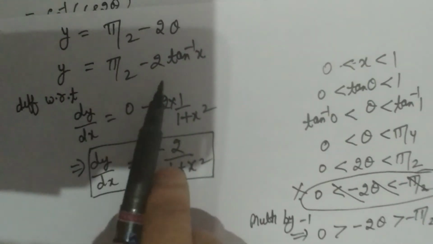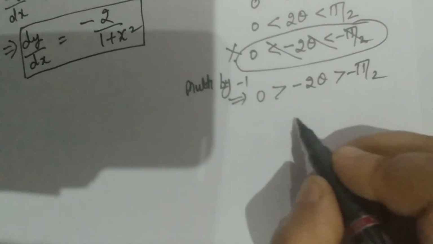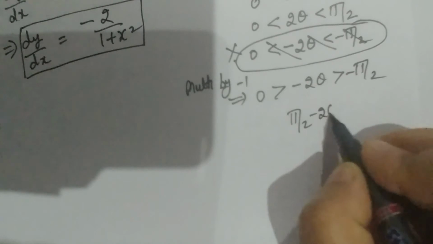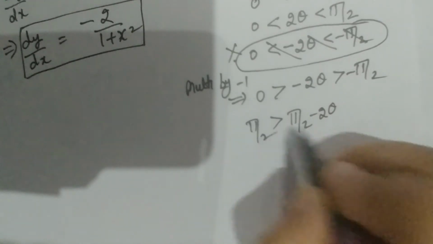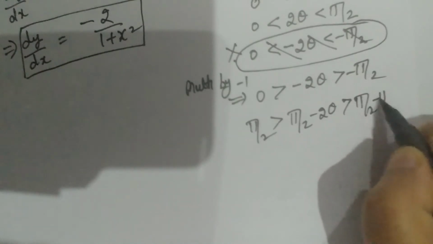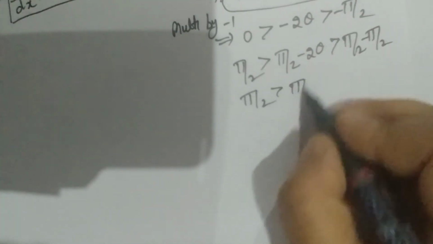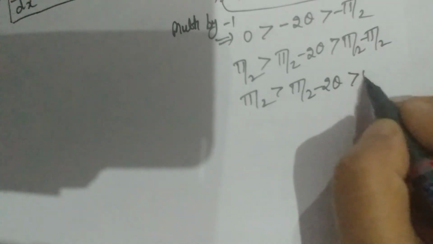Now I need to get pi by 2 minus 2 theta, so I have to add pi by 2 everywhere. It will be pi by 2 minus 2 theta, and pi by 2 minus pi by 2, and pi by 2 plus 0. So this is pi by 2 minus 2 theta and this is 0.